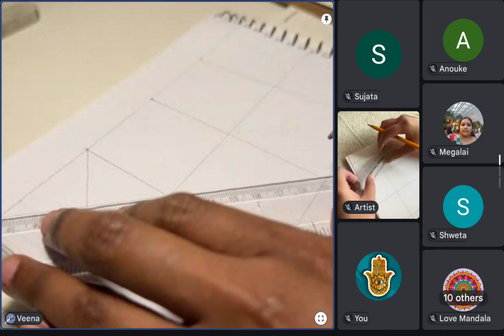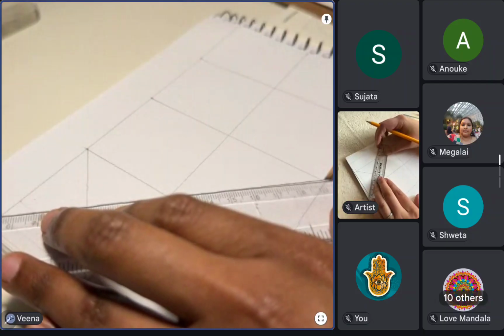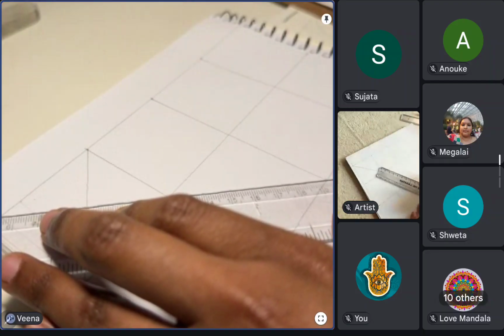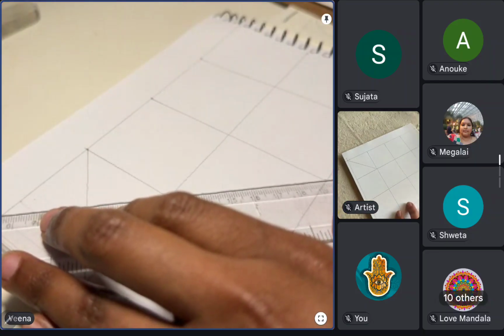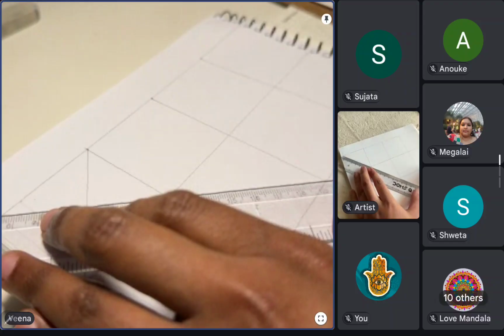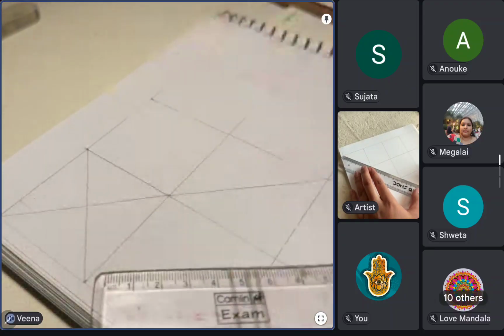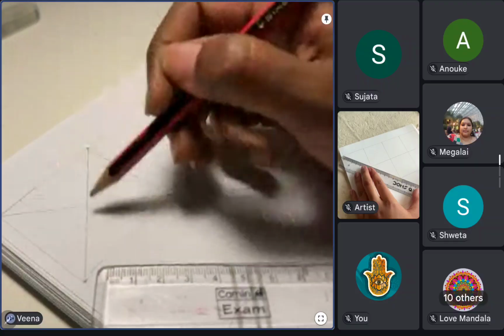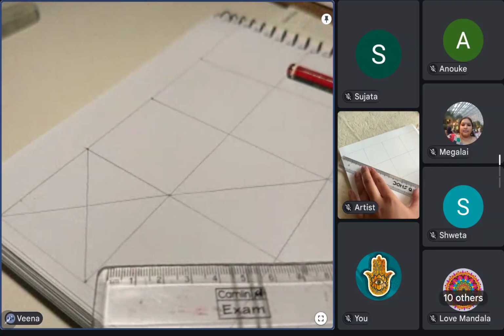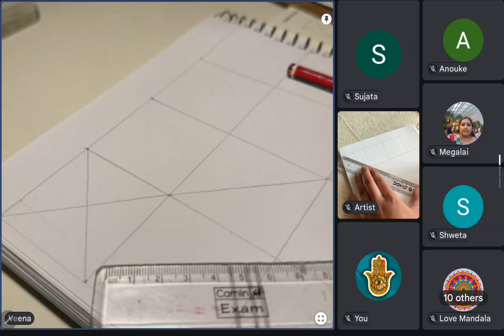So you can make this simpler by just extending this diagonal line like this. That's how you can extend it, but the whole idea is we have it, and then we'll be constructing our circle.